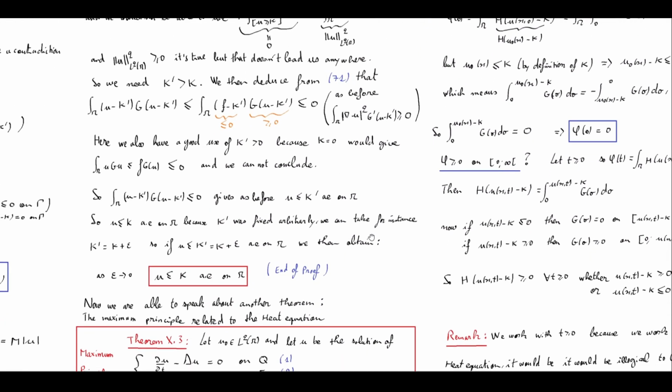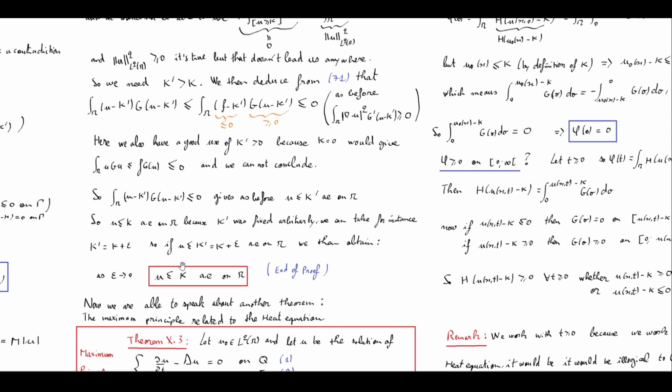It gives, as before, u smaller than q prime almost everywhere on omega. So u is smaller than k almost everywhere on omega, because q prime was fixed arbitrarily. We can take, for instance, k prime equal to k plus epsilon. So if u is smaller than q prime equals k plus epsilon almost everywhere on omega, we then obtain, as epsilon goes towards 0, that u is smaller or equal to k almost everywhere on omega.